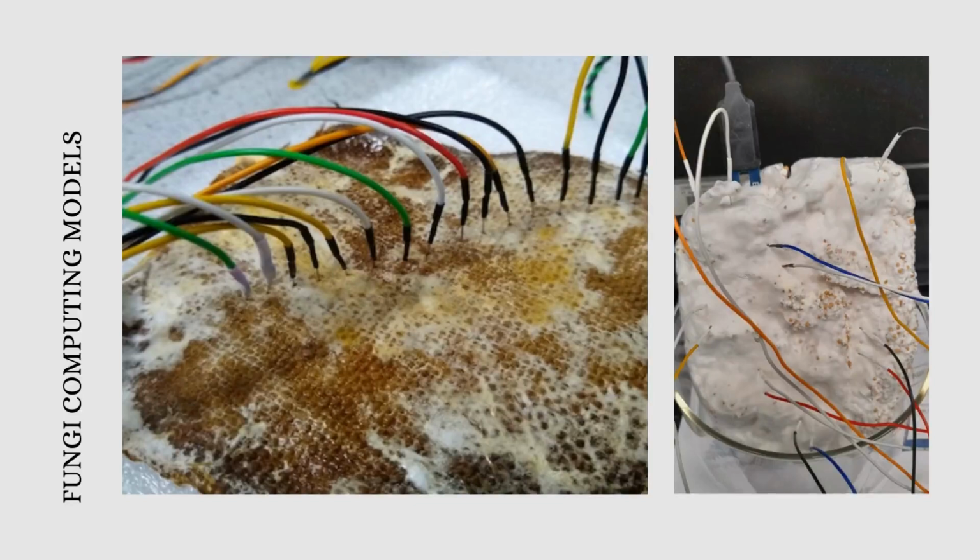And they were repetitive, right? So that's how they were able to discern if this was a particular pattern being formed by a specific trigger or a specific input that was triggering those responses by the fungus.